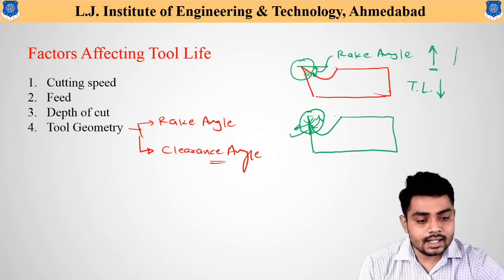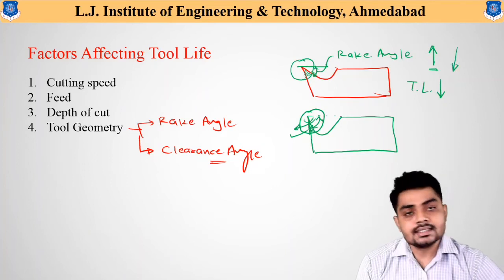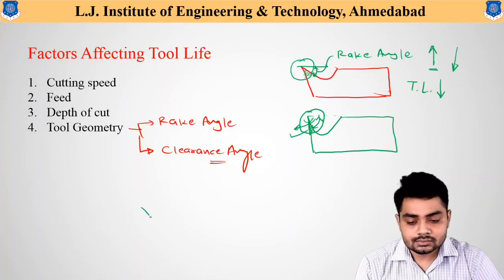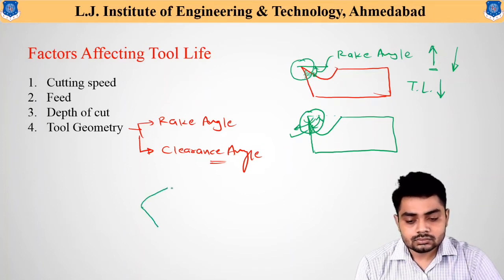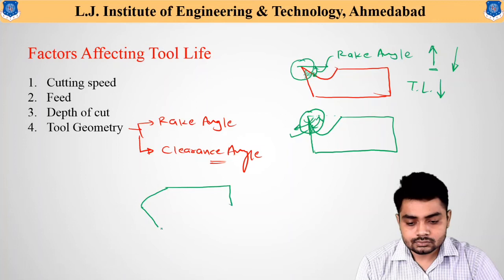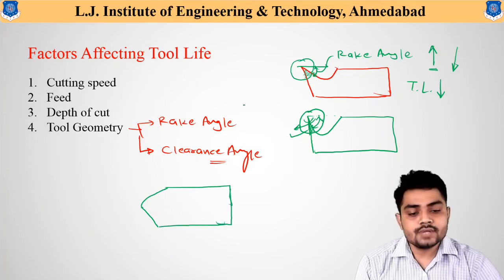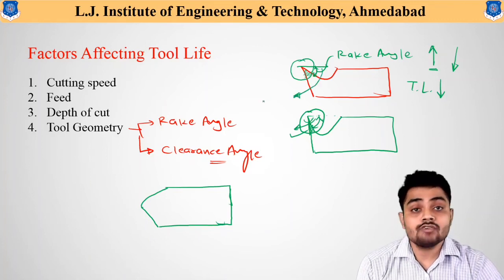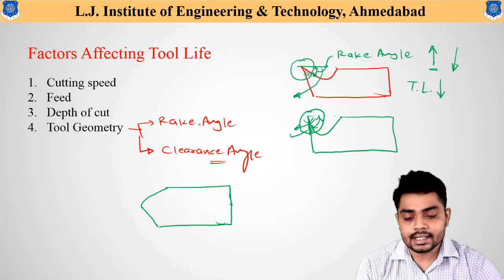Now let us have another example for the same case. If this rake angle decreases, a decrement in rake angle gives us a figure like this. As you can see, the downward direction is considered positive, so the upward direction is considered negative.